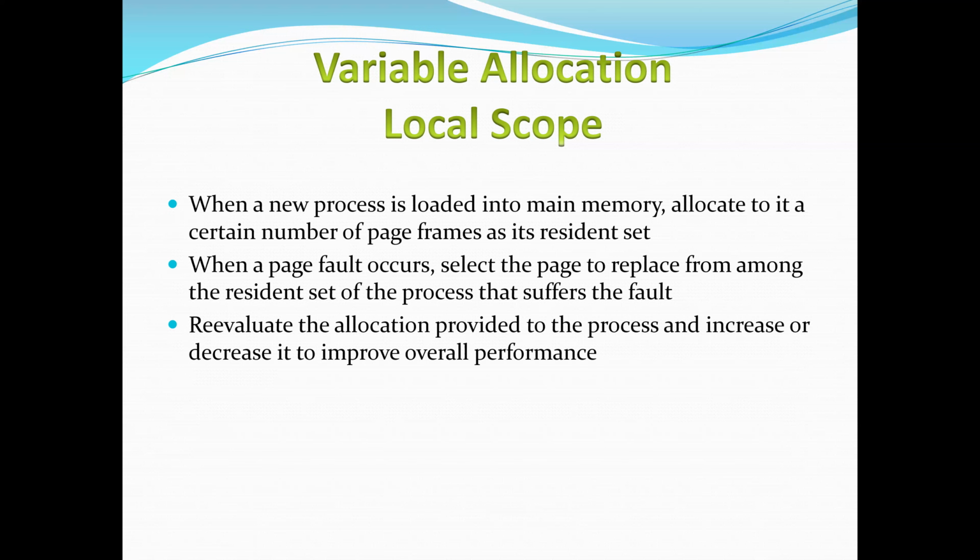Use either pre-paging or demand paging to fill up the allocation. Now, when a page fault occurs, select a page to replace from among the resident set of the process that suffered that fault. From time to time, we are going to reevaluate the allocation provided to the process and also increase or decrease it to improve overall performance.